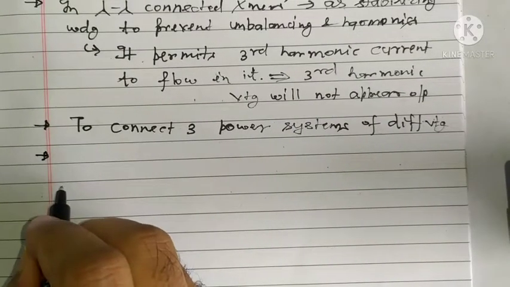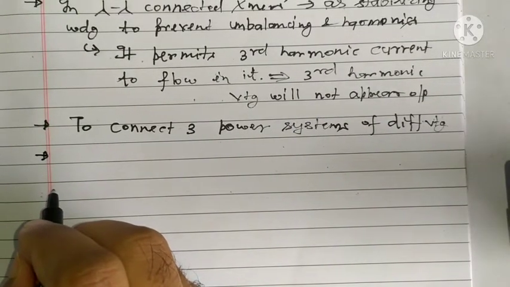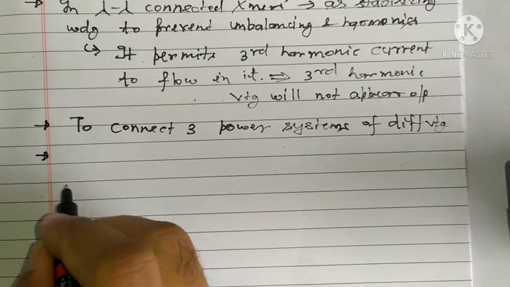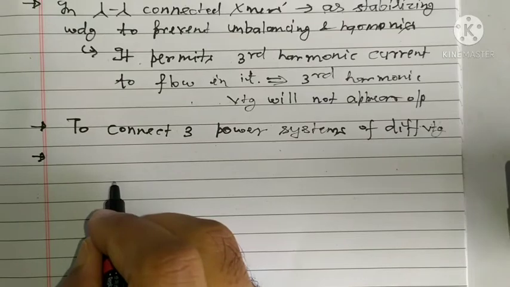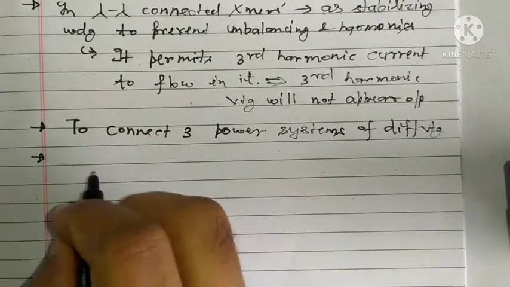Along with this, as third winding is providing another voltage level, so this voltage level will be available in power plant for auxiliary system supply.